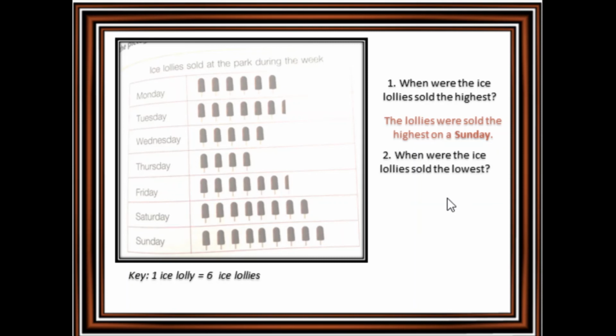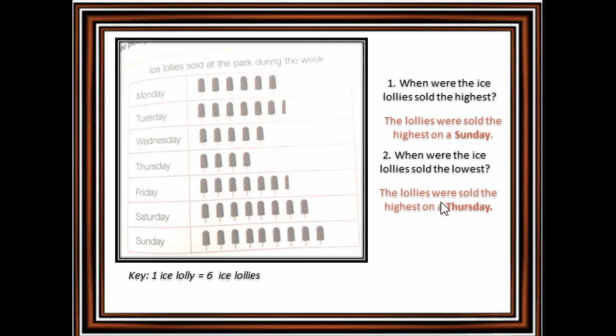Number 2. When were the ice lollies sold the lowest? When was the time that there were only a few lollies sold? We mentioned it a while ago. It's on Thursday. Very good.